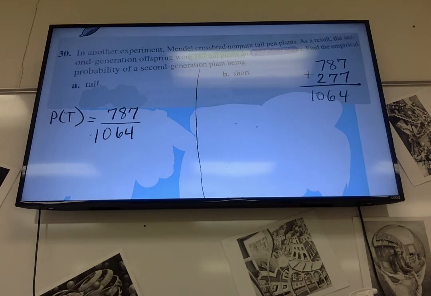Now, if you had your calculator and you wanted to see if this would reduce, if you weren't sure, you could type in 787 divided by 1064, and then hit the math button and enter twice. It'll reduce it if it's reducible, which it's not.